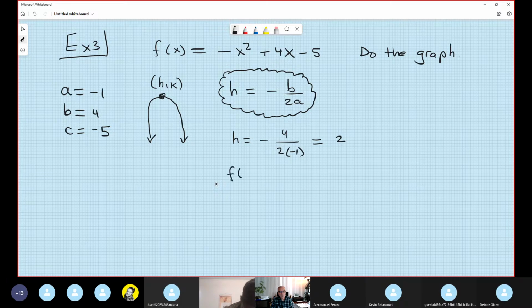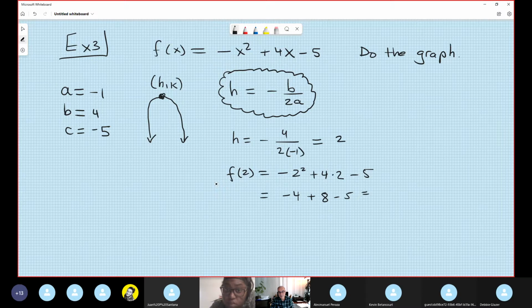Okay, it's easy. You evaluate the function at 2. It's minus 2 squared, plug it in, plus 4 multiplied by 2, minus 5. This is negative 4, this is positive 8, and it's a negative 5.